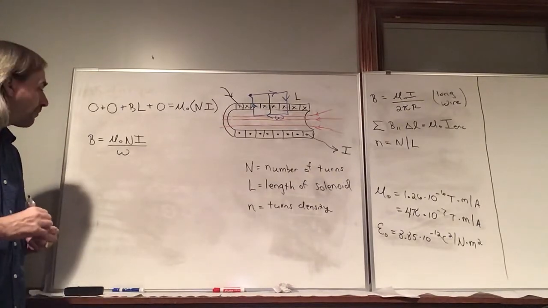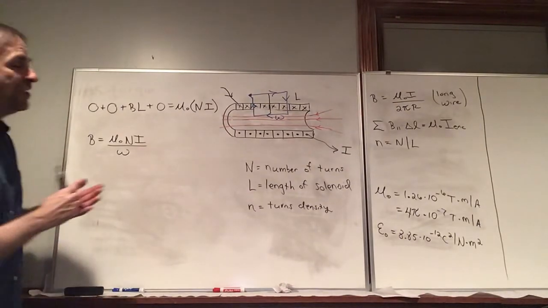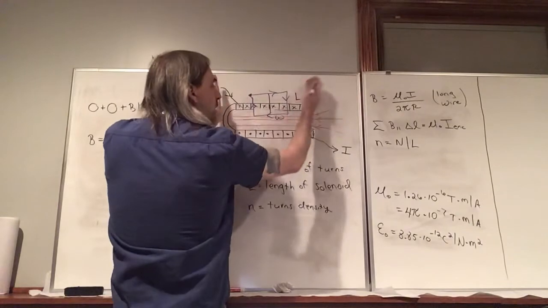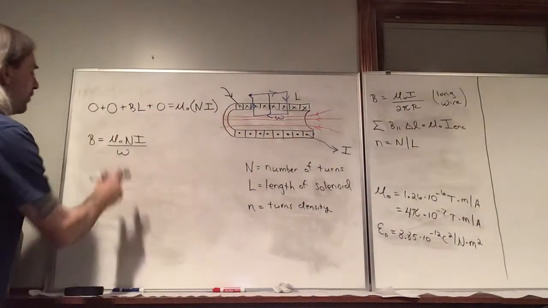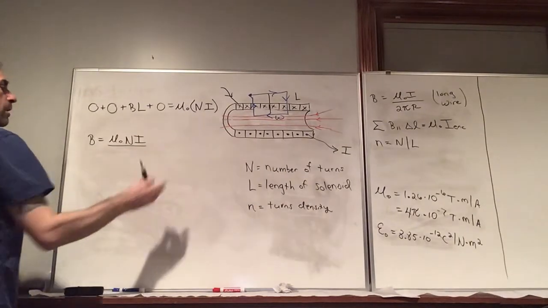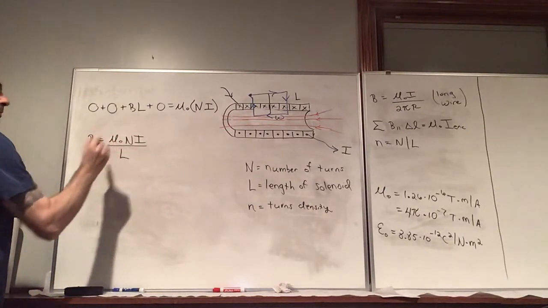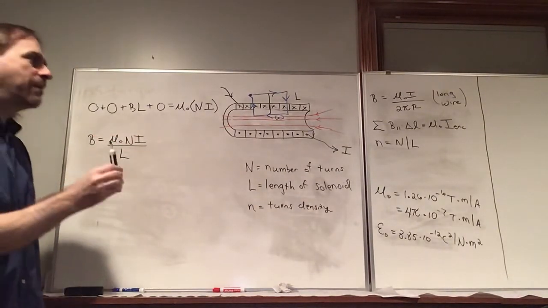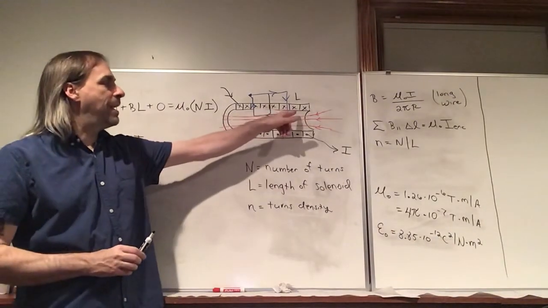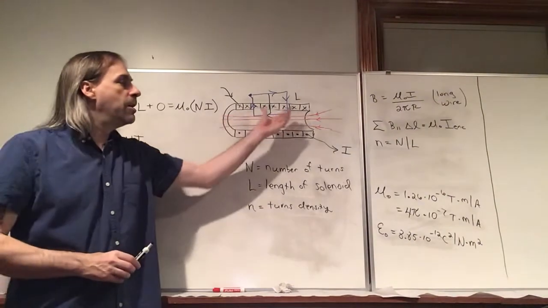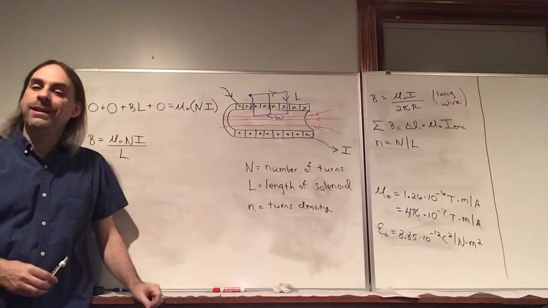Okay. Now, let's extend this loop to be the entire length of the solenoid. In that case, W would equal L. Now, there's a little bit of an issue here because we've been assuming that the magnetic field was the same everywhere, which is true until you get close to the edges.